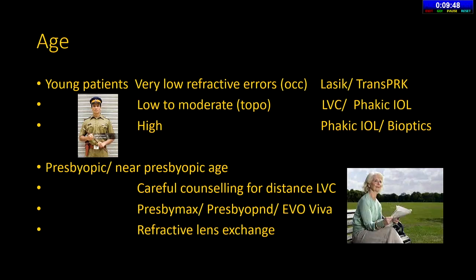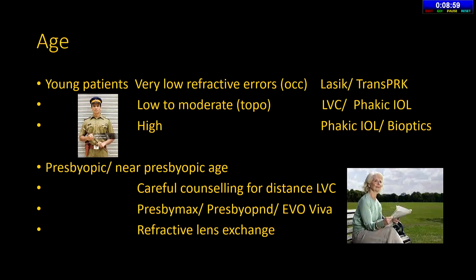If you're talking about a high myope or a very high hypermetrope that does not come within the purview of LASIK, or they have corneal indications which prevent you from doing any form of laser vision correction, then phakic IOLs and bioptics. So phakic IOLs combined with top-up laser or maybe a refractive lens, something above 35 to the tune of anywhere around 50, 55, so long as there are no other comorbidities.